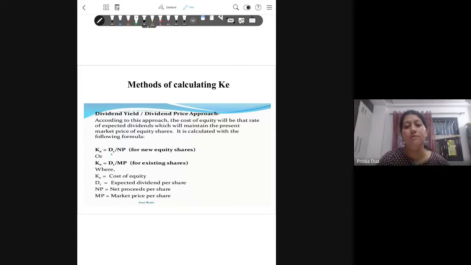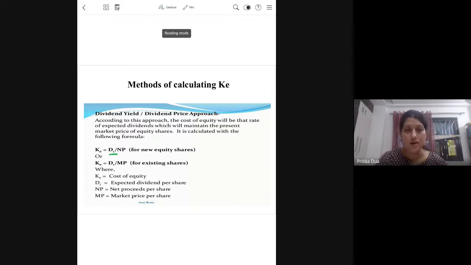So in the first formula for new equity, it is D1 upon NP. NP is the net proceeds, which are calculated net of flotation cost. And for existing shares, it is D1 upon P0, the current market price of the share.